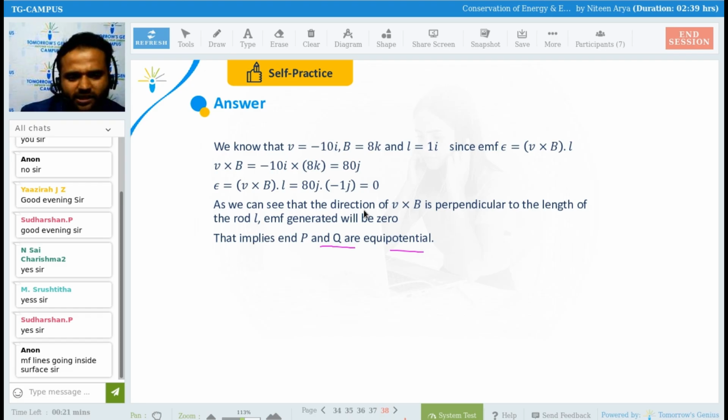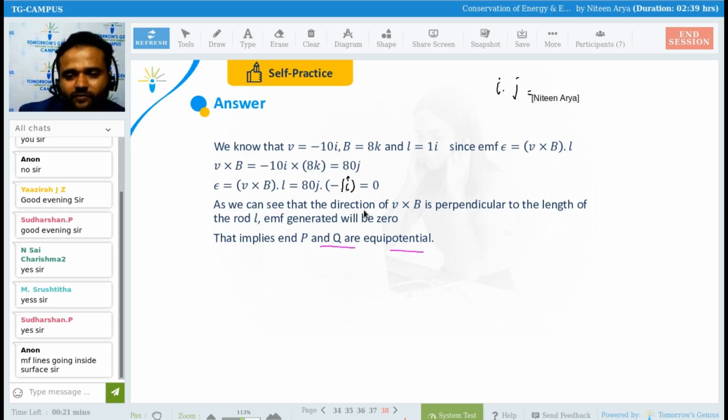Because I cross K gives me J, and J dot J, then J dot Y. So there is something wrong here. It is going to be I. L is I. So here it is wrongly written.